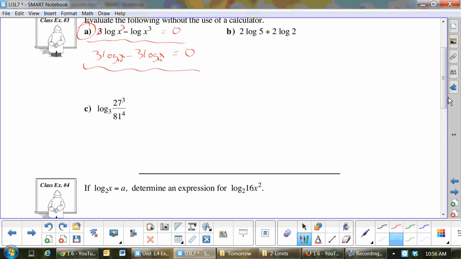Okay, could we have brought up the 3's again like we did and done log x cubed over x cubed? Right, we could have. To subtraction you could divide. What does that equal? Log 1, which equals 0.